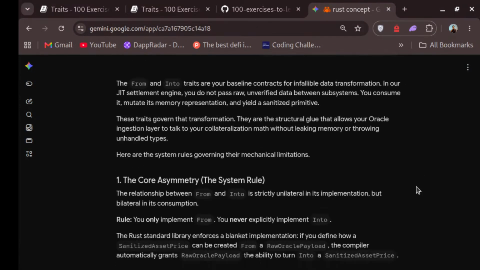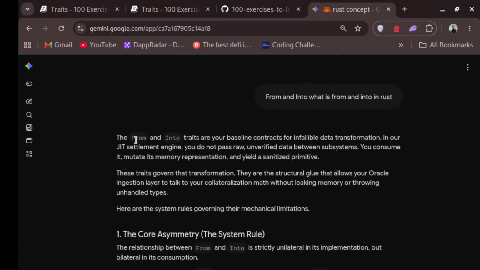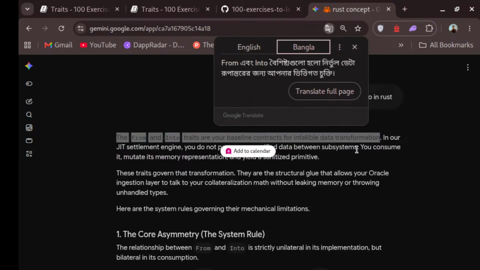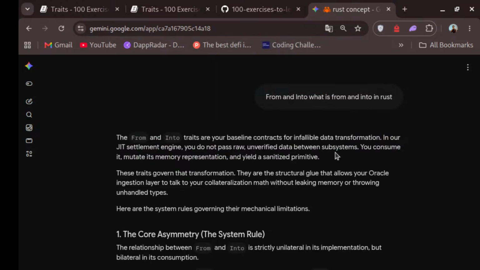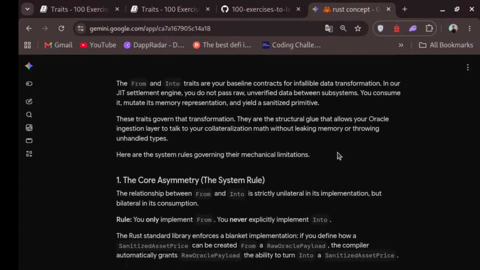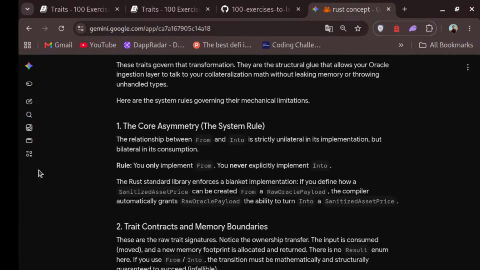So what does AI say? AI says that From and Into traits are baseline for infallible data transmission. The relationship between From and Into is statically unilateral in the implementation, but bilateral in the consumption.